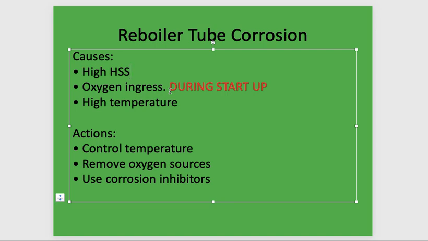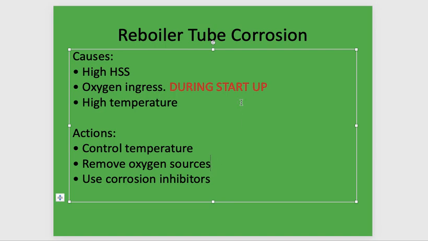If you neglect this step, there is some oxygen ingress, because you shut down for maintenance and some oxygen was introduced. This can lead to tube corrosion. The action is to control the temperature, remove the oxygen source, and use corrosion inhibitor to control this process.